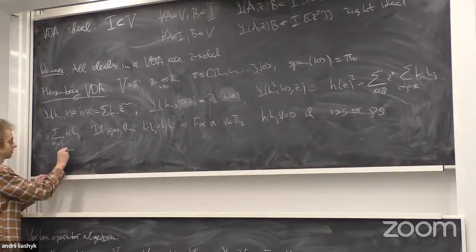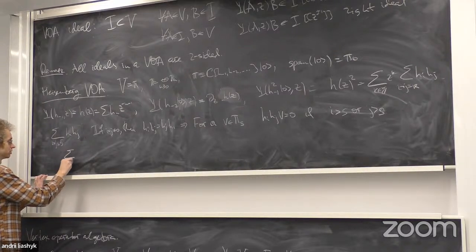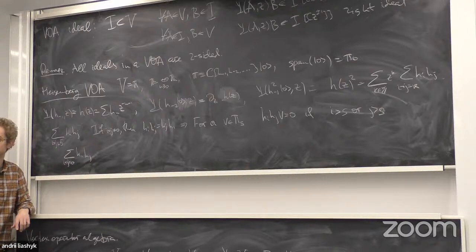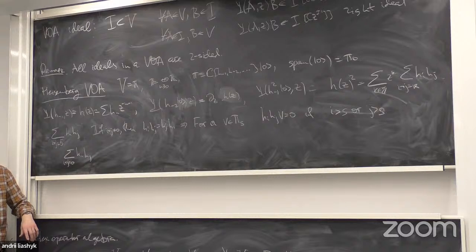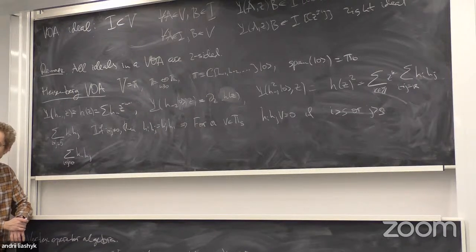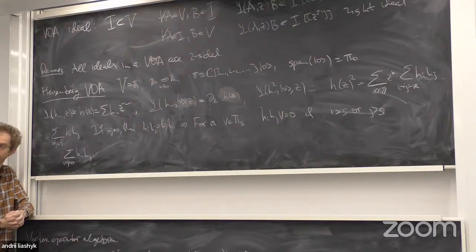suppose we have the sum i plus j equals 0. So does it work fine? Is it well defined? They don't. But still, is such a sum well defined as an operator on the Fock module?